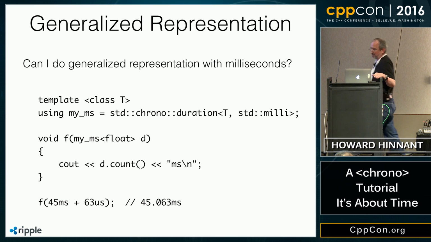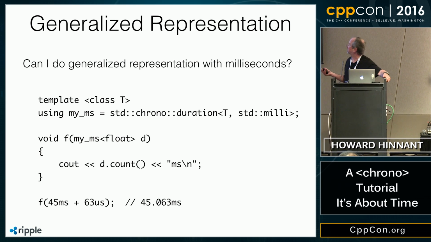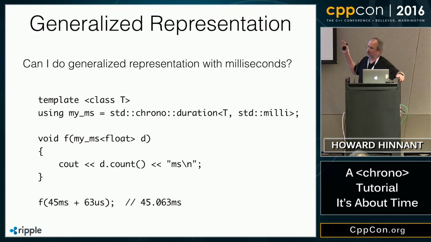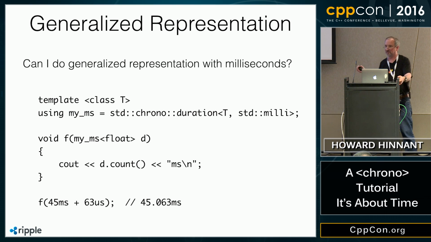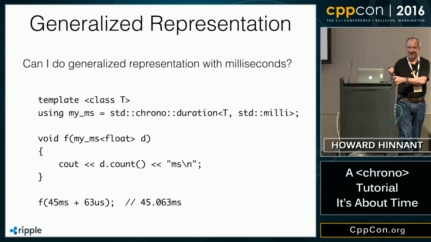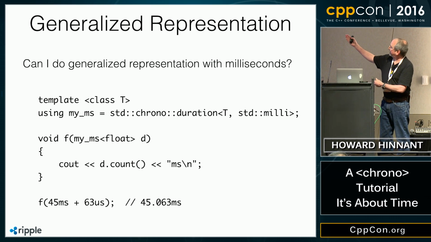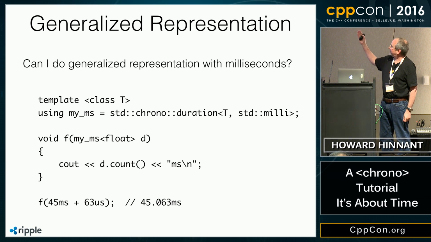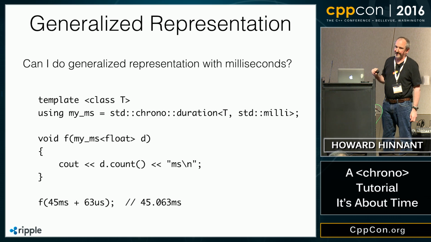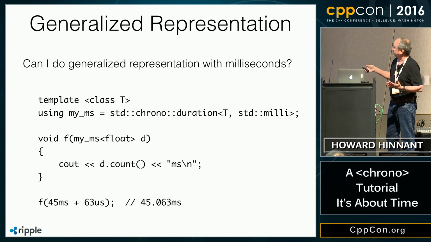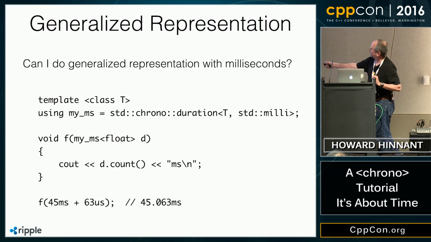There's a second template parameter to this template duration that takes what's called a ratio. In a few slides, I'll go into a little more detail about what a ratio is. But there's a ratio called milli. It's in the std namespace. And so here is how we can make a type of any representation we want that's always going to be milliseconds. And just to demonstrate it, here's a millisecond based on float.